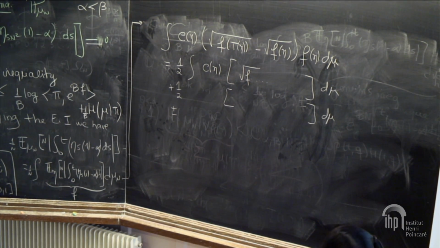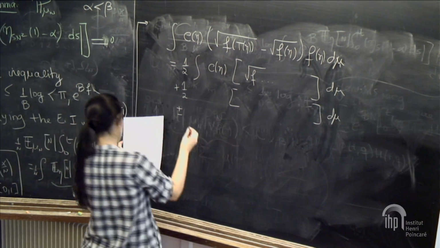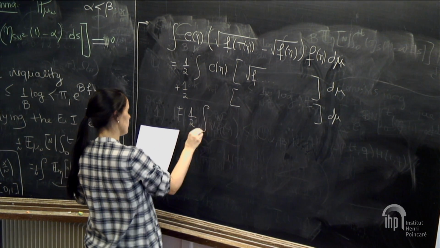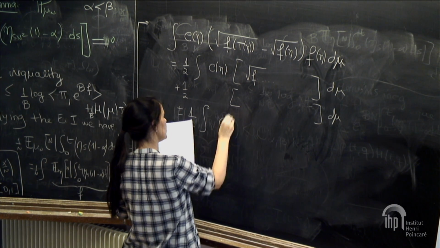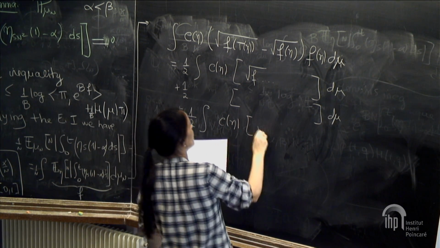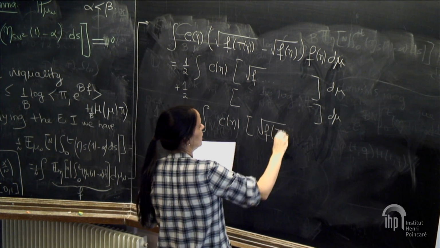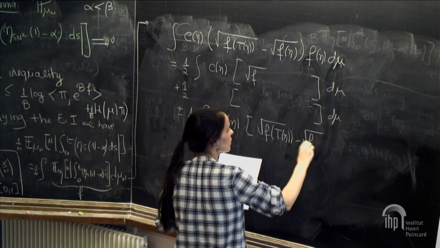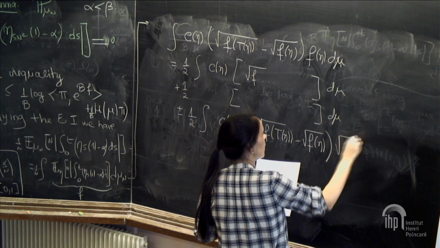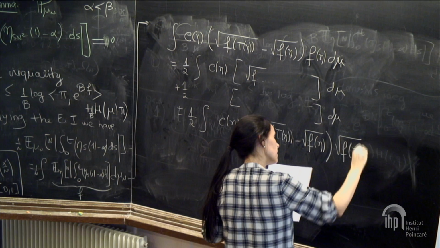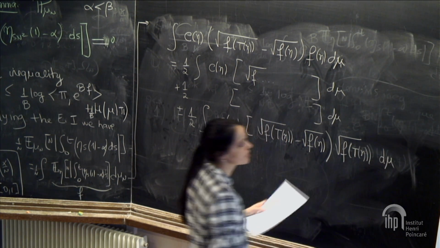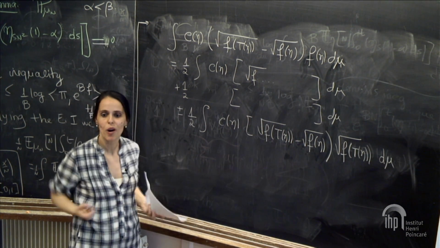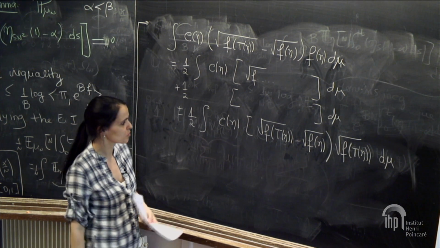So let me look at my notes. Yes, you sum and subtract this term: 1/2 the integral of c eta, square root of f at t eta minus the square root of f at eta, d mu. You force it somehow, you put it there, and then you have to see what you have to pay.